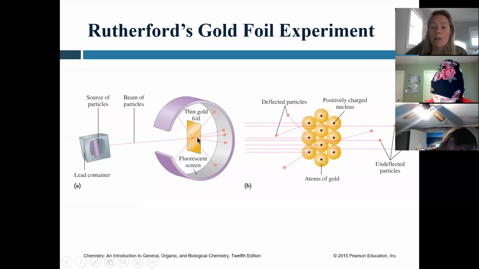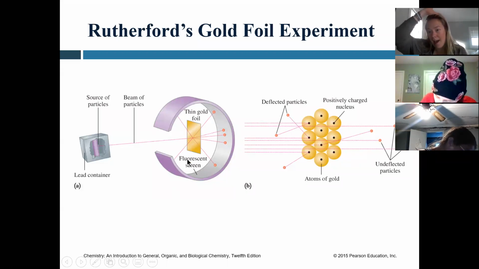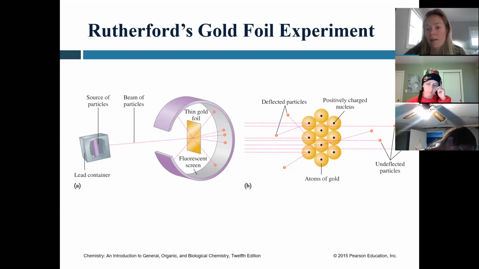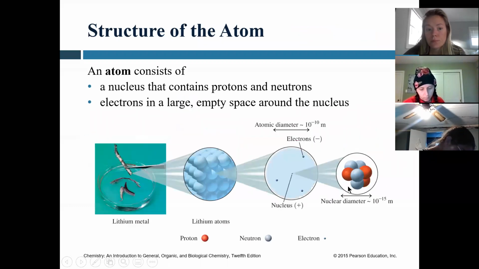So he found all these deflected particles. Well, why is that happening? He came up with the idea that there must be something really dense in the middle of our atom to be causing that sort of deflection. It's got to hold all the mass of the atom. And that is where he came up with the nucleus.